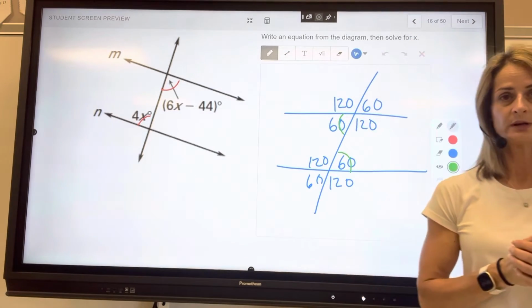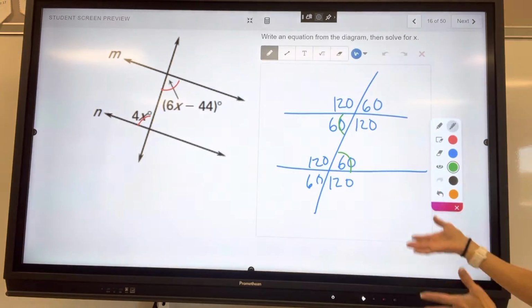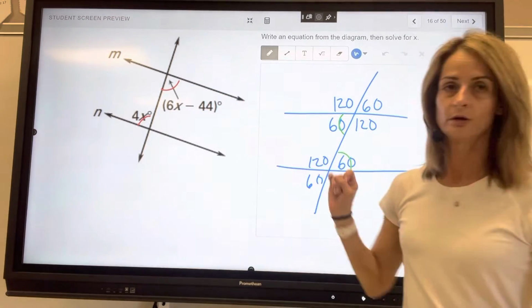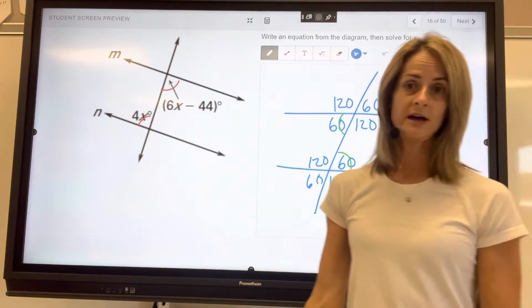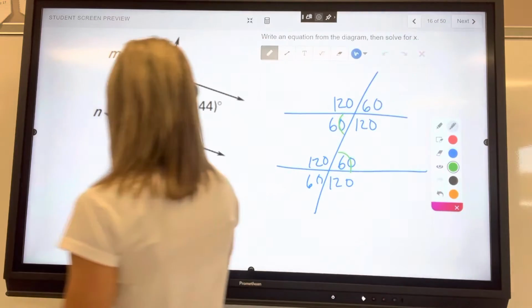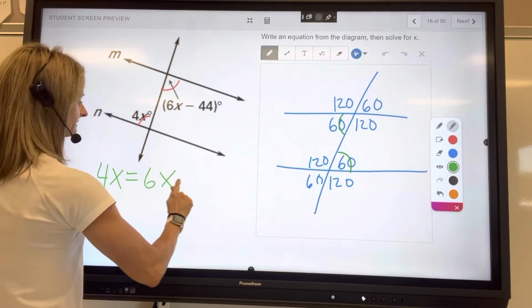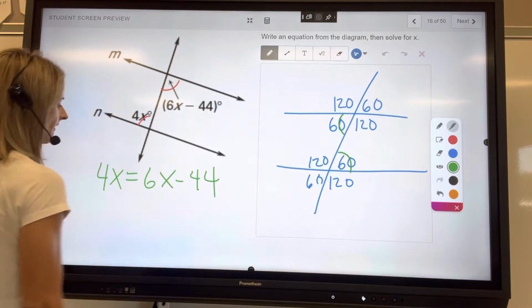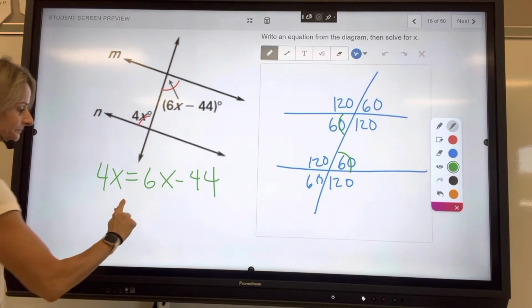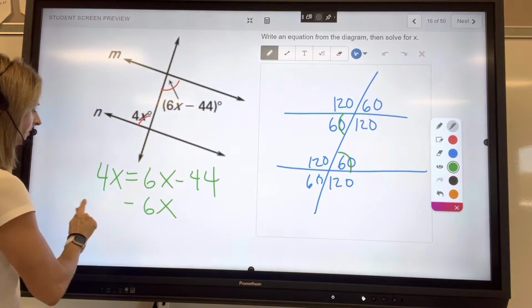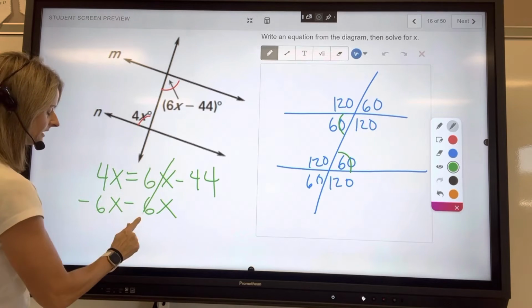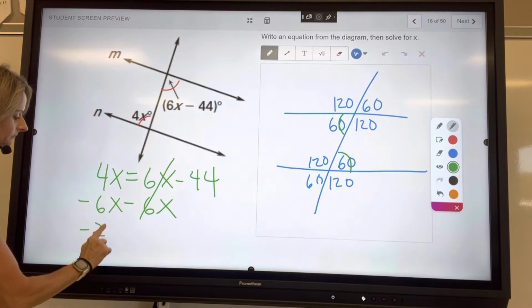Notice they're the same. They're also congruent. So because they're the same, we're going to set them equal to each other and solve for the value of x that makes them equal. So 4x equals 6x minus 44. I'm going to move my x's to the left, just so I can get all my x's to the same side. It's one less step.